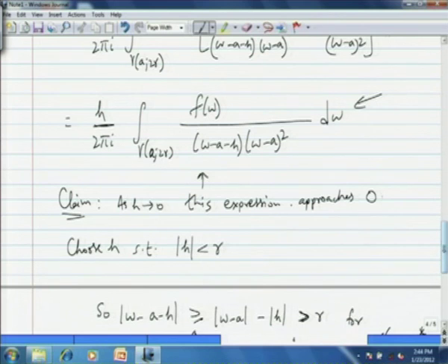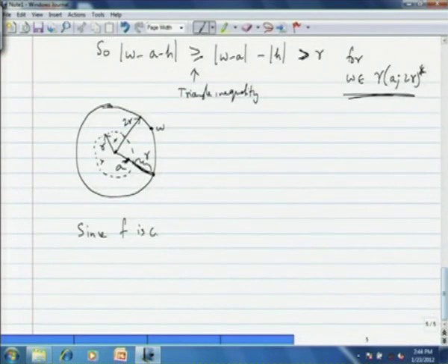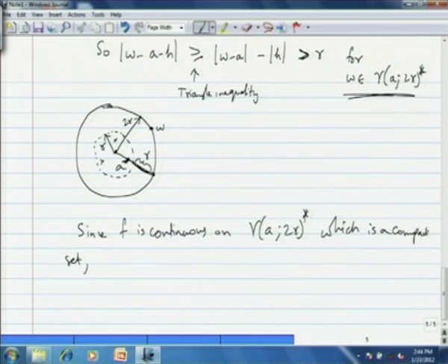So, in the numerator, since f is continuous on the trace of gamma a to r star, or trace of gamma a to r, which is a compact set, it is a circle. So, it has to be a compact set. We know that a continuous function on a compact set assumes a maximum value. So, actually the modulus of f assumes a maximum value.